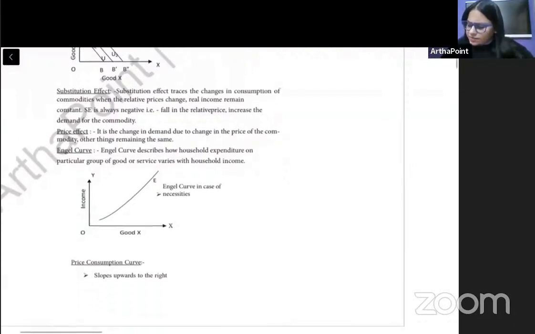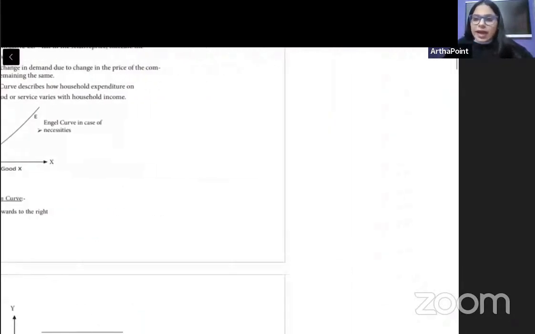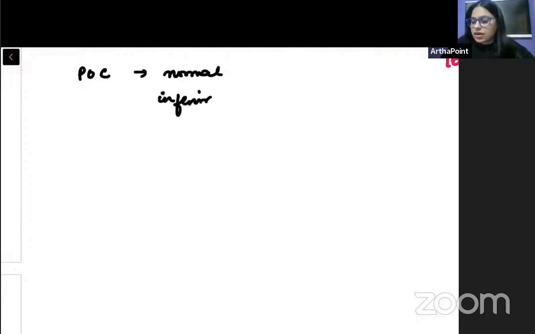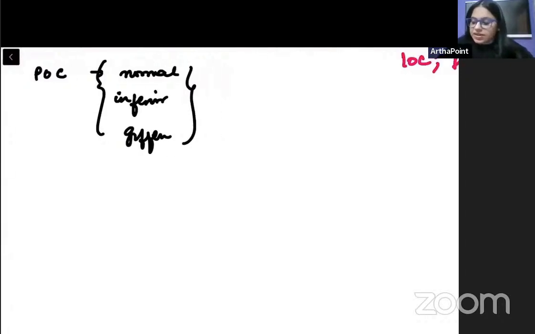Another thing that is important here is what happens. So I have been seeing this doubt a lot. What happens to price offer curve for normal, inferior and Giffen goods? Price offer curve के बारे में, right? Just think about it. But this is a very tricky question for normal goods. समझो जरा ध्यान से.